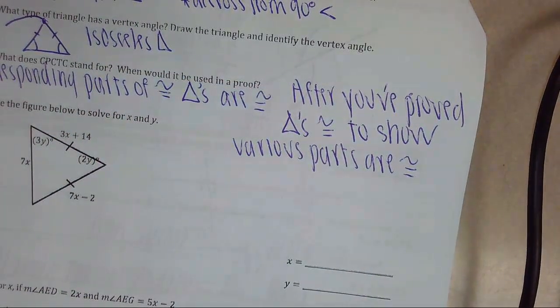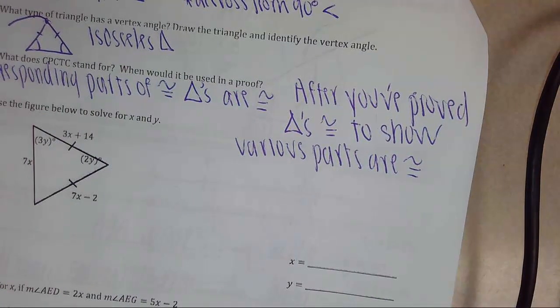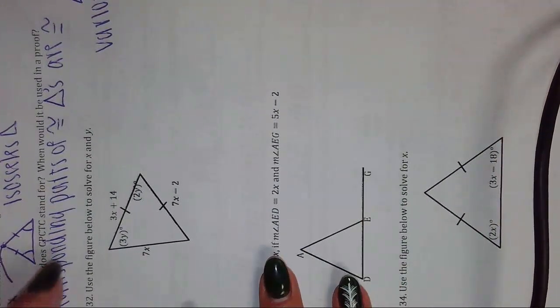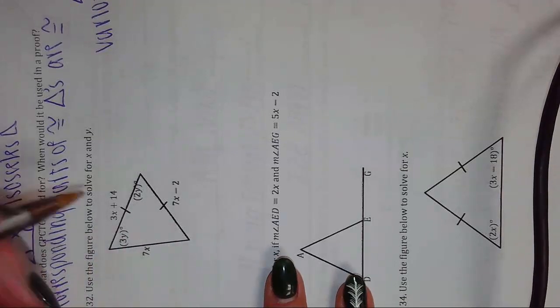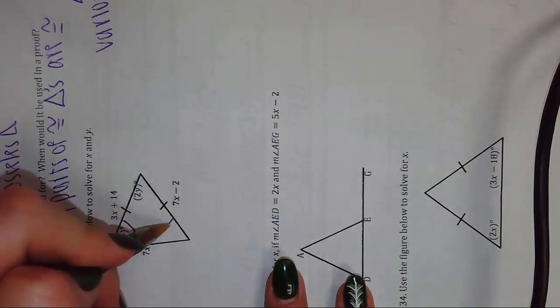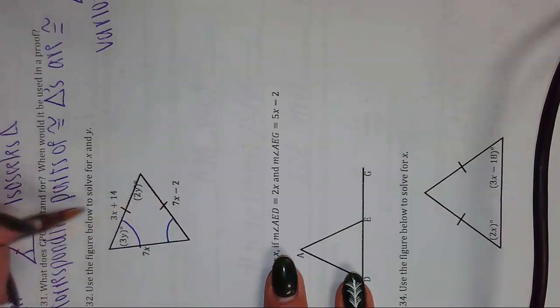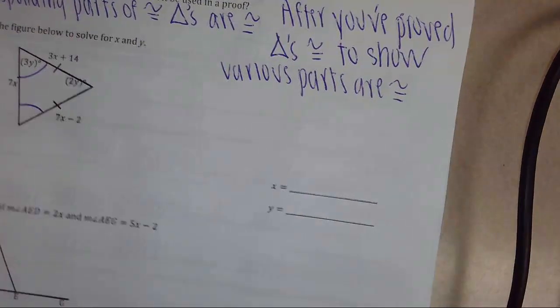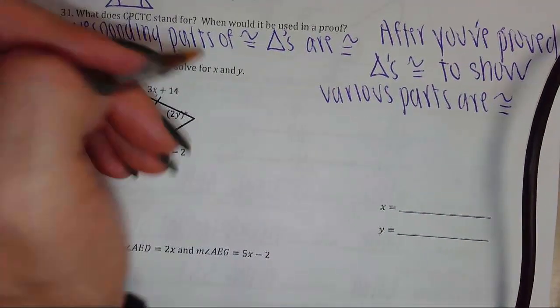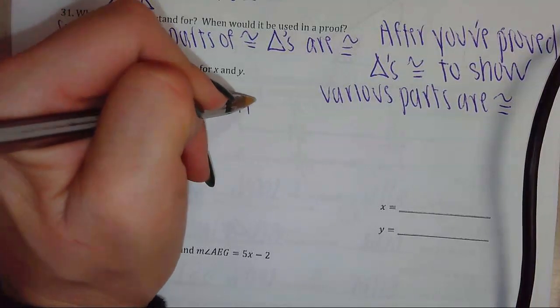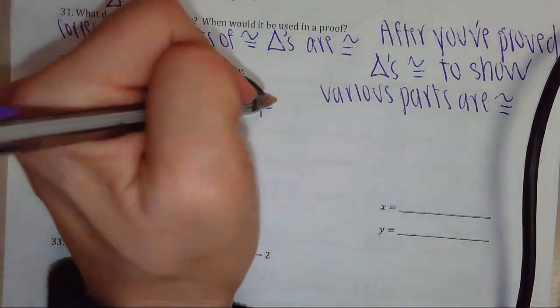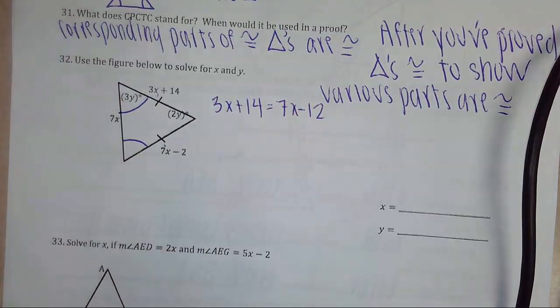Okay, so the big thing about this one is if you turn it, you can see this is an isosceles triangle. So that means that this angle and this angle are congruent, right? So to solve for x, we're going to take these two congruent sides and set them equal to each other. So 3x plus 14 equals 7x minus 12.